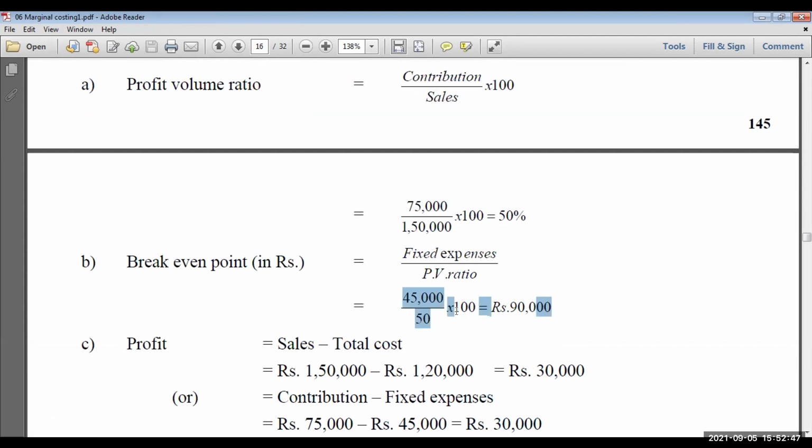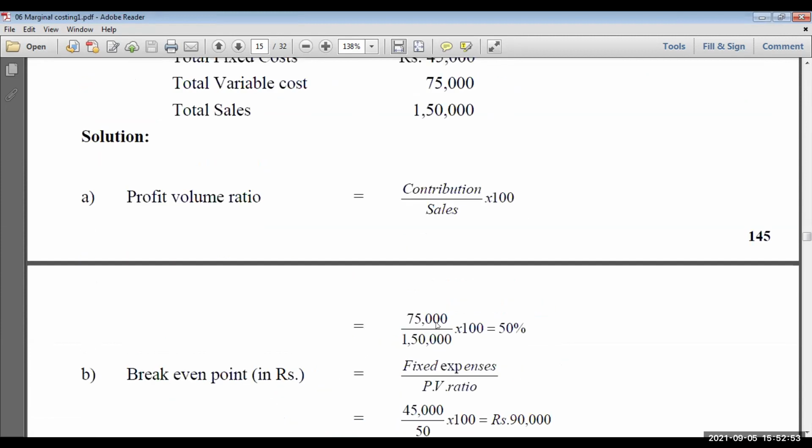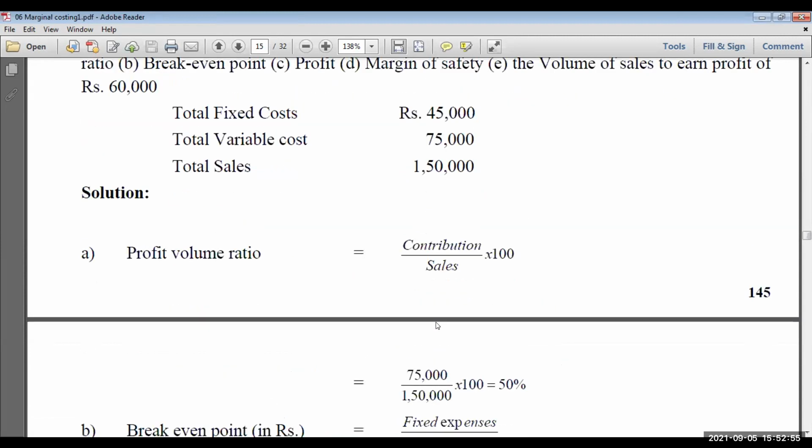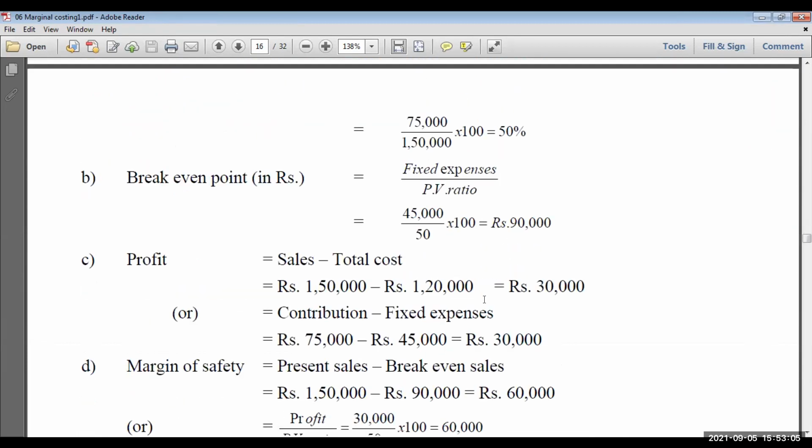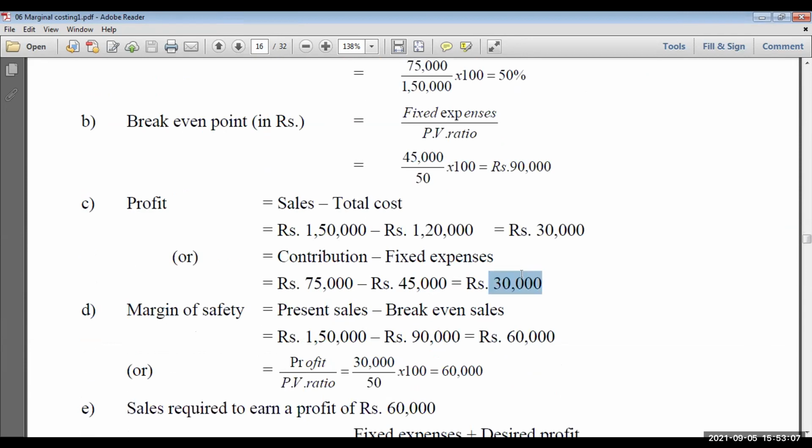Profit to earn. Okay, what is the profit? Existing profit. 30,000 rupees is the profit. Yes.